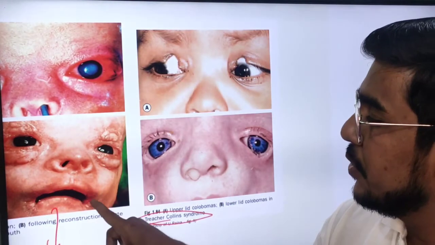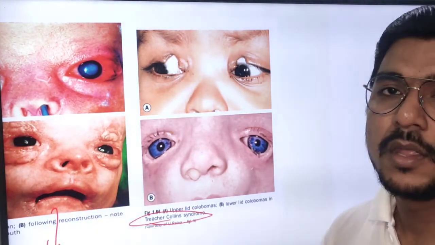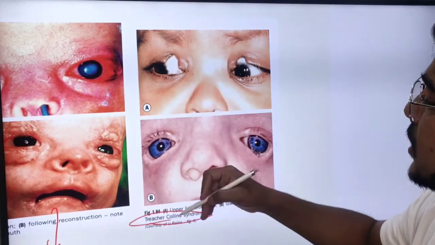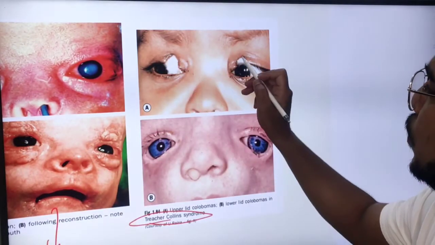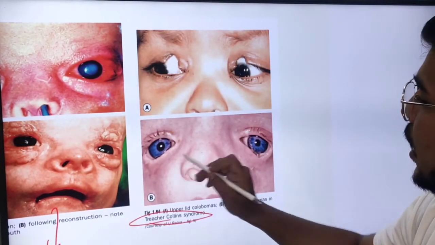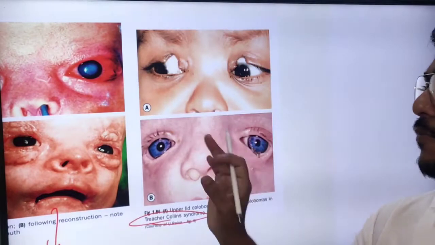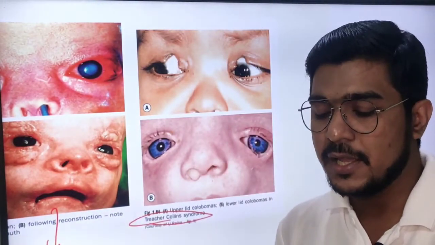See, in the ablepharon there is a fish mouthing. And see, in this Treacher-Collins syndrome there is an upper eyelid coloboma and a lower eyelid coloboma here. So this is another congenital abnormality that can be asked. That's why I have put the picture intentionally here.